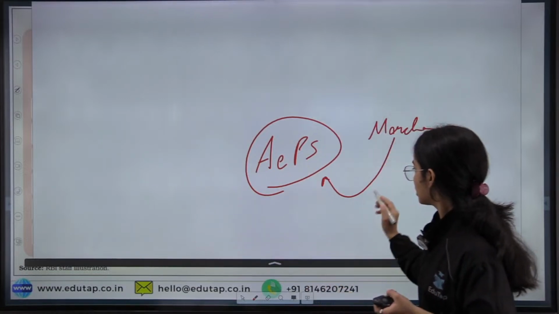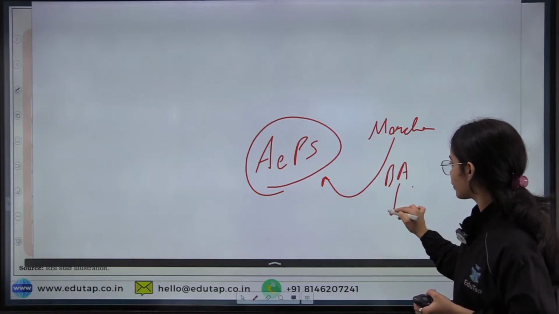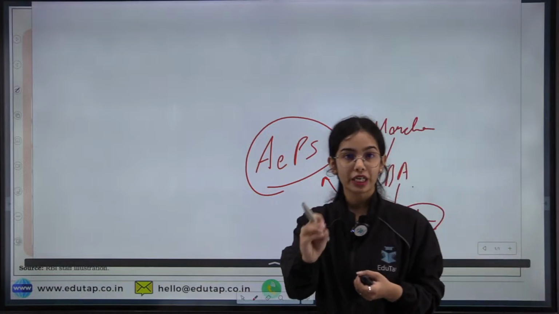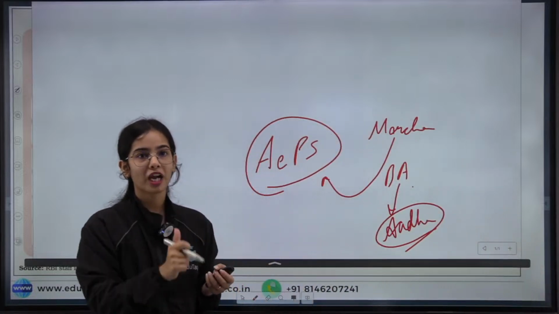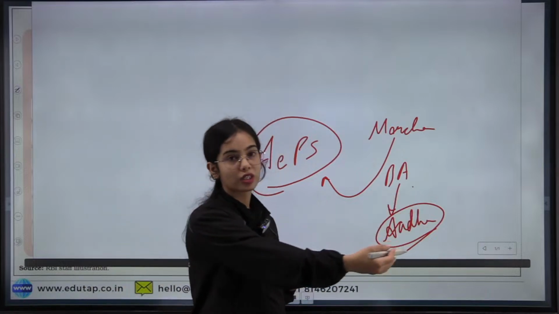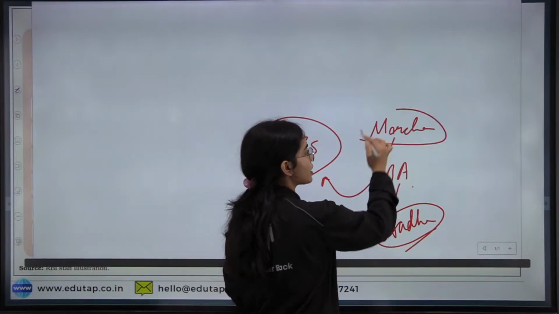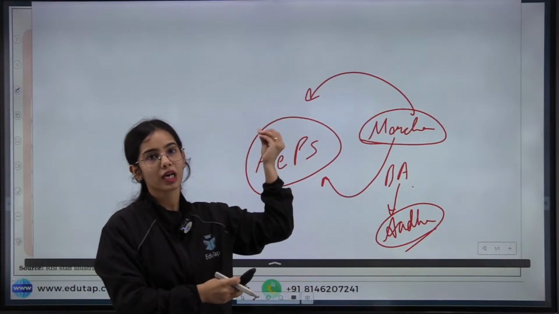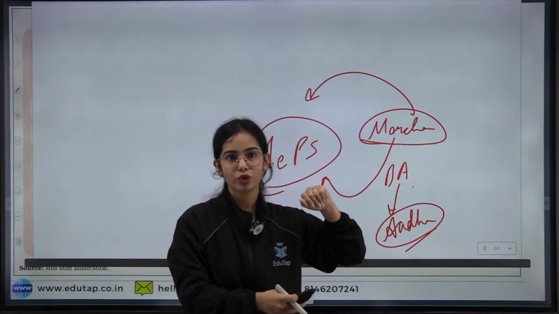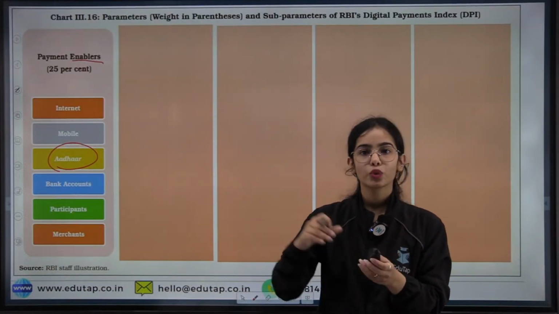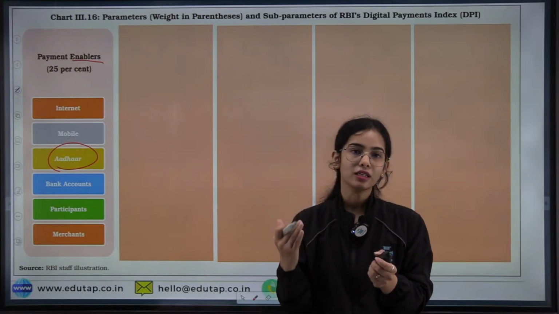Your bank accounts are connected with the Aadhaar card, and the Aadhaar card consists of your biometric details also. So you are giving your thumbprint or the eye scan to the merchant, and the merchant is able to transfer the money from your account to his or her own account for the payment that you have to do. So this is the Aadhaar enabled payment system that is allowed for the merchants, through which you can get the money.